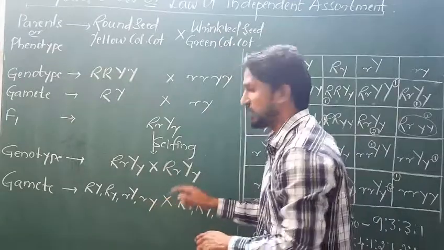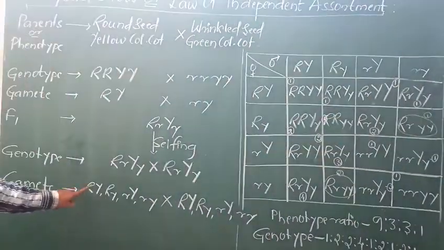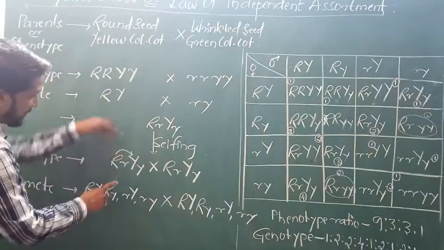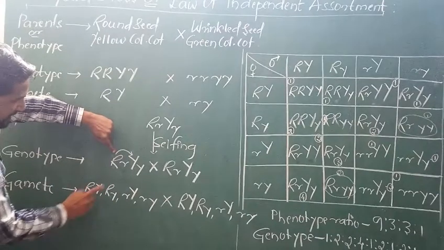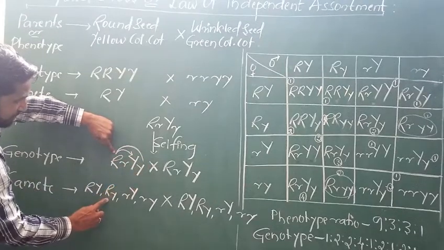Here many students become confused about the genotype. So capital R is crossed with capital Y, giving one gamete, capital R capital Y. Then capital R is taken with small y.